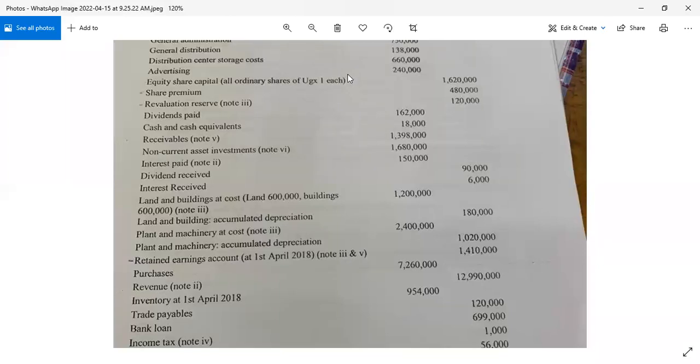So back to the working. I was saying you go to the trial balance and pull out all the assets. So you have land. I hope you can see the figure.